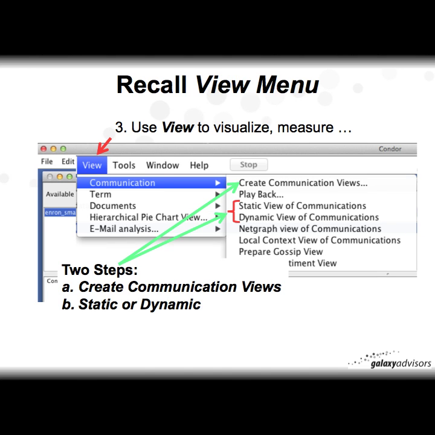Again, recall that in the view menu, there are really 2 steps to visualize an email. The first step is to click on View, Communication, then Create Communication Views. Then you're going to click again View, Communication, and click either Static or Dynamic. But since you have email and its timestamp, I recommend you click the Dynamic View of Communication.